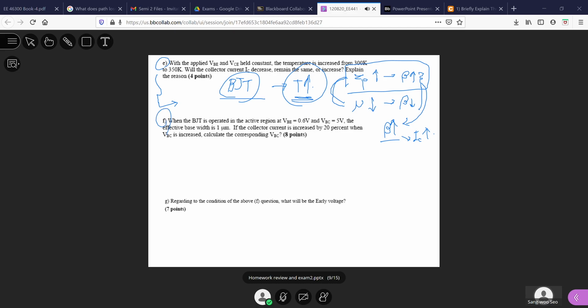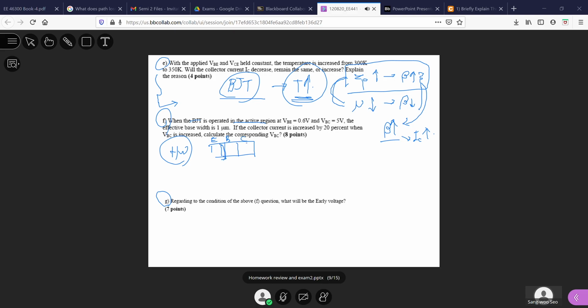Okay, F and G are related to our homework question. As you remember, we had a similar question in the homework, and from that question, you can answer this one. If you look at this, the BJT operates in the active region. Active region means we have emitter, base, and collector.